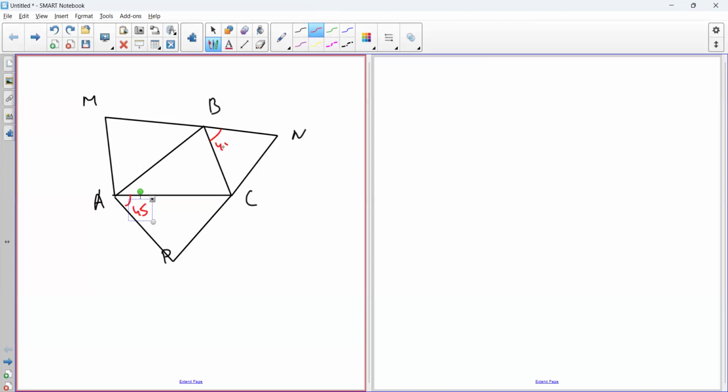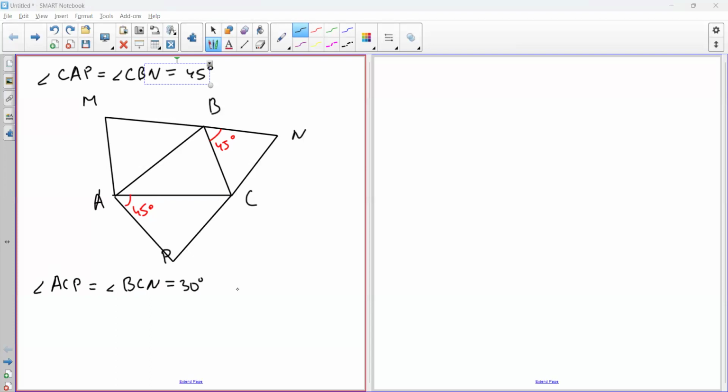So we have several conditions: angle CAP equals angle CBN equals 45 degrees. Then angle ACP equals angle BCN equals 30 degrees.